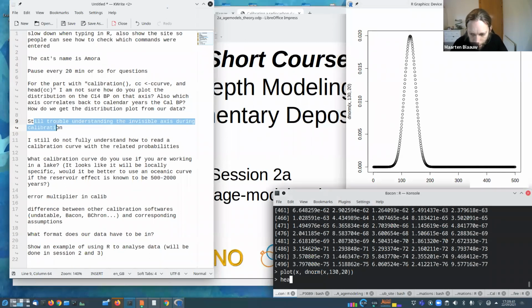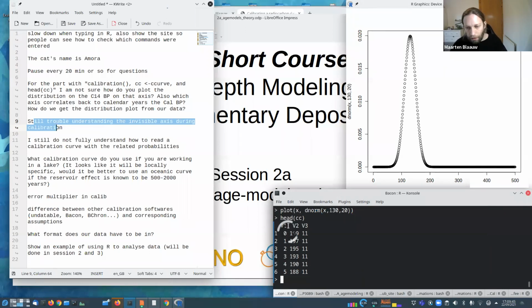I go back to my calibration curve, head CC, and I've got for each calendar year, 0 cal BP, 1 cal BP, 2 cal BP, etc., the corresponding radiocarbon years.